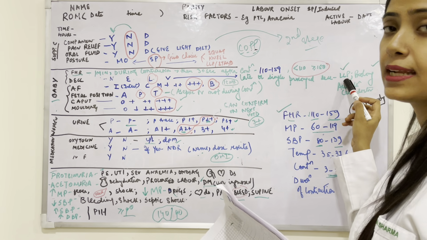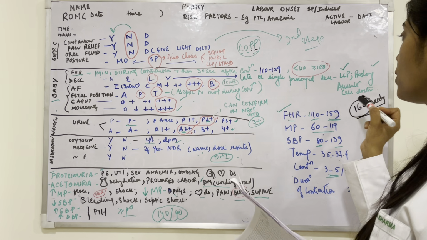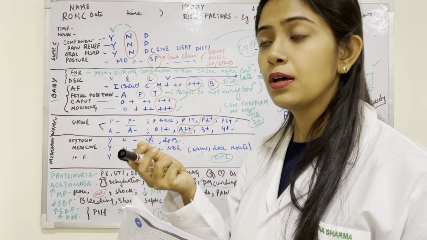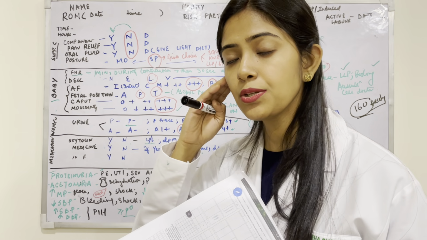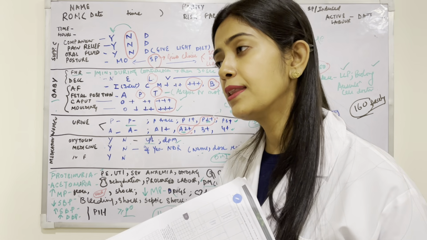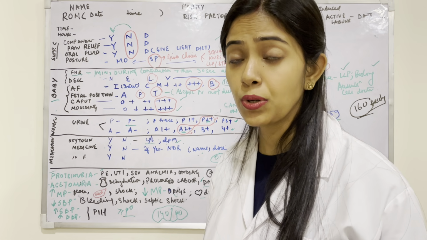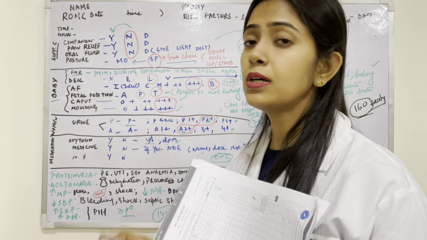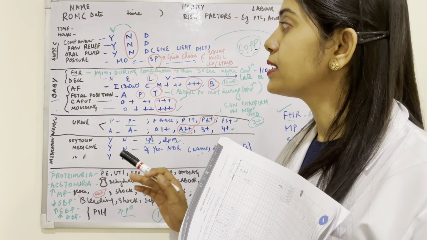We'll put the patient in left lateral position, do a prolonged auscultation, and call the on-duty senior doctor. While the doctor is coming, we are putting the patient in the favorable position and doing a prolonged auscultation, and then according to the findings we have to take a call what exactly is wrong, leading to the problem in the fetal heart rate. So that is all about fetal heart rate.